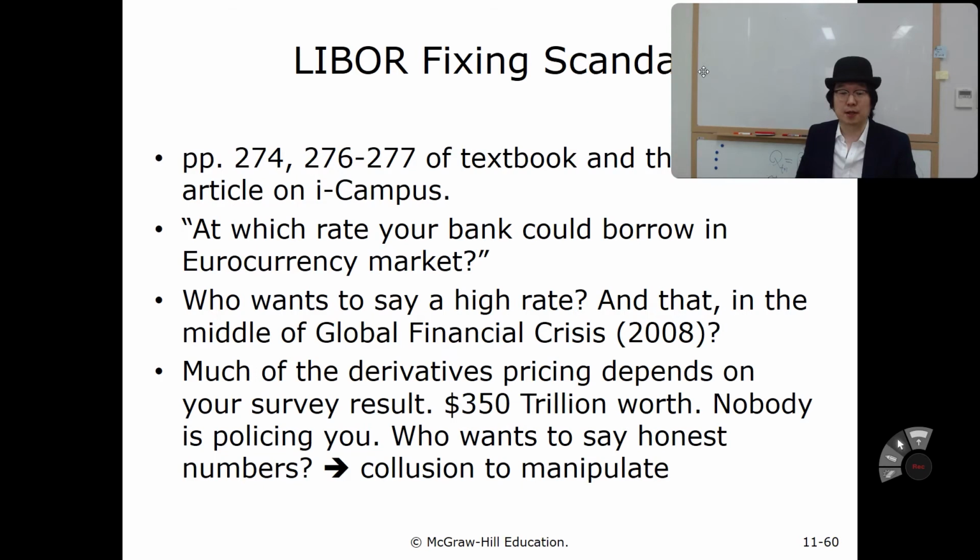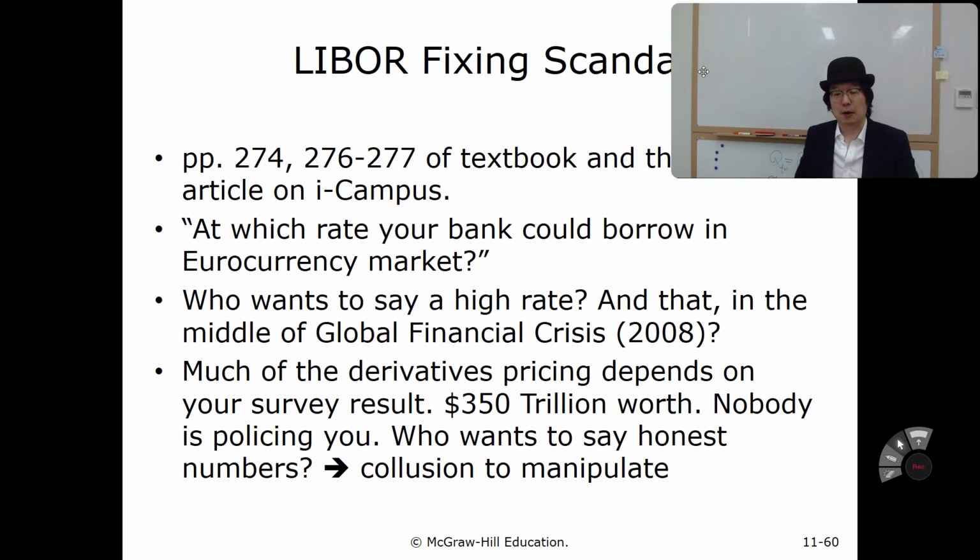Deceiving the market. And number two, much of the derivatives pricing depends on your survey results, right? Now, $350 trillion worth, trillion, oh my God, of transactions in derivatives is going on every year, right? Nobody is policing you. And then who wants to say an honest number in this case, right?